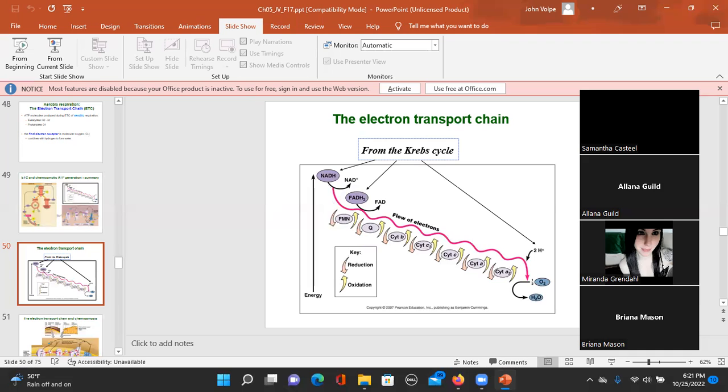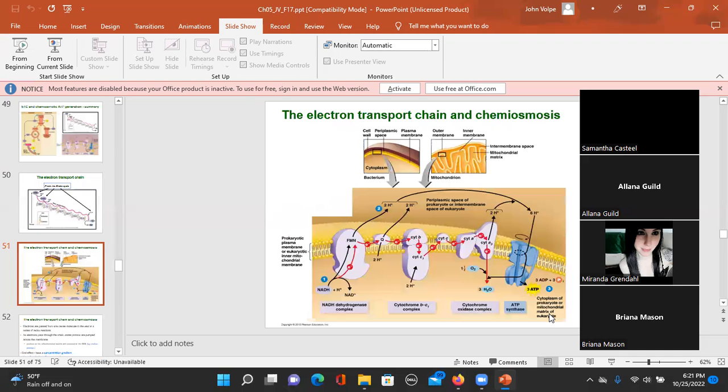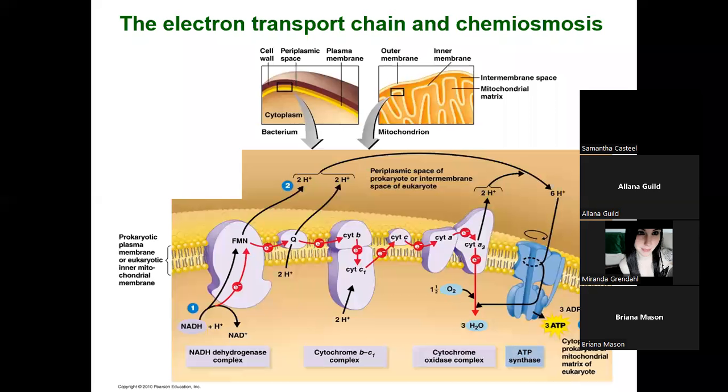And I'd like to talk about this slide, and then we'll end. This is showing you, let me blow this up, the electron transport chain in the eukaryotic cell, where it happens in the inner mitochondrial membrane, and in the prokaryotic cell, where it happens in the cell membrane or the plasma membrane.